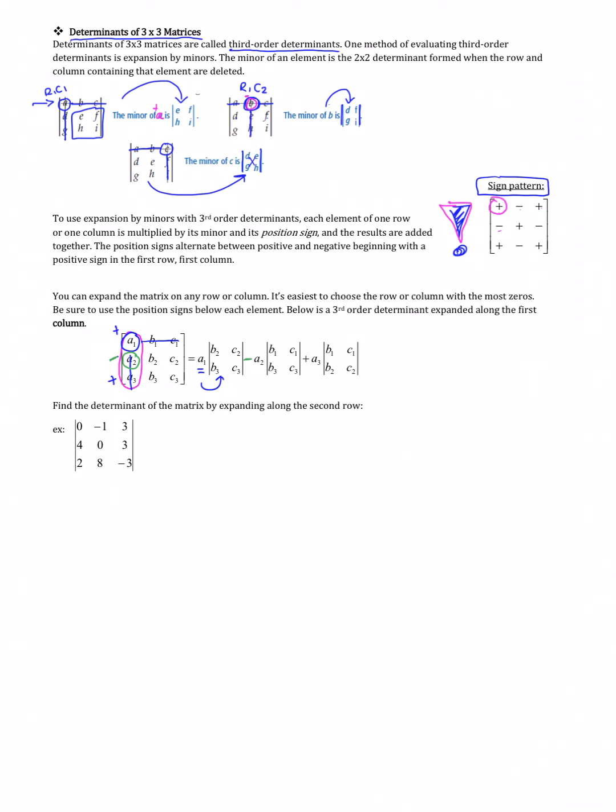With that one again, we cross out the row and the column. So notice you have B1, C1, B3, C3, and we would find that determinant by cross multiplying. And then we get to the third element, A3, which has a plus behind it.